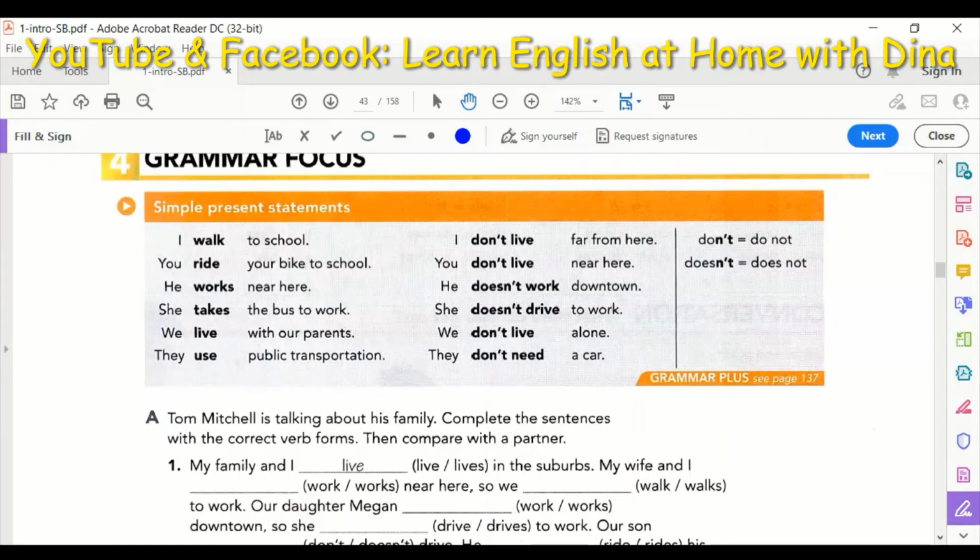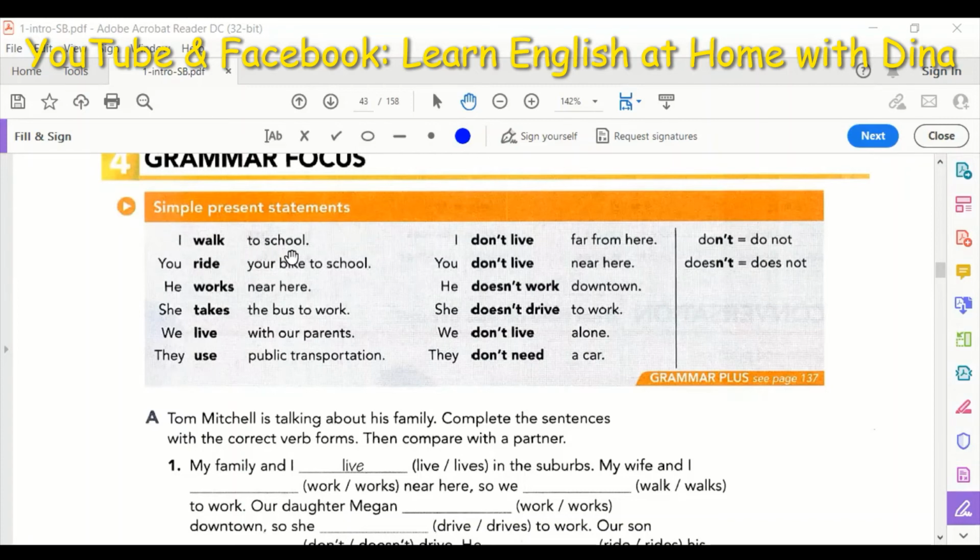I have a bike. Oh, not this one. I'm sorry. I think this is track number 4. Let's see. Page 37. Exercise 4. Grammar focus. Simple present statements.